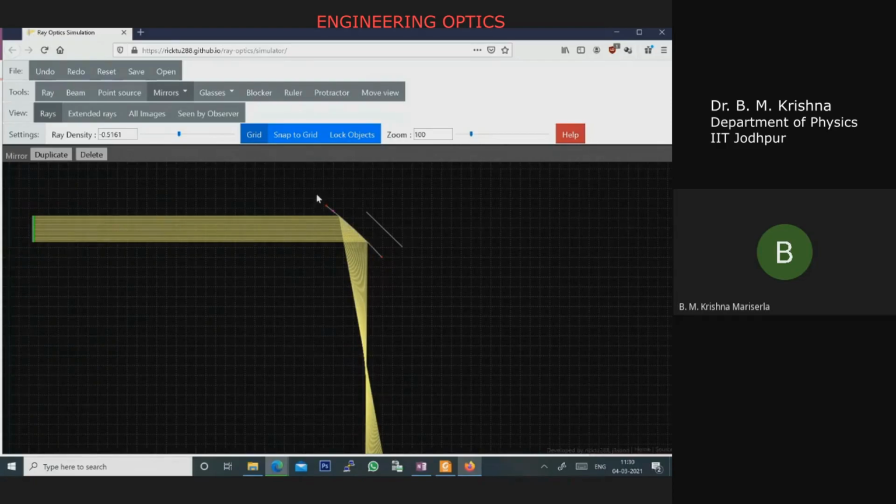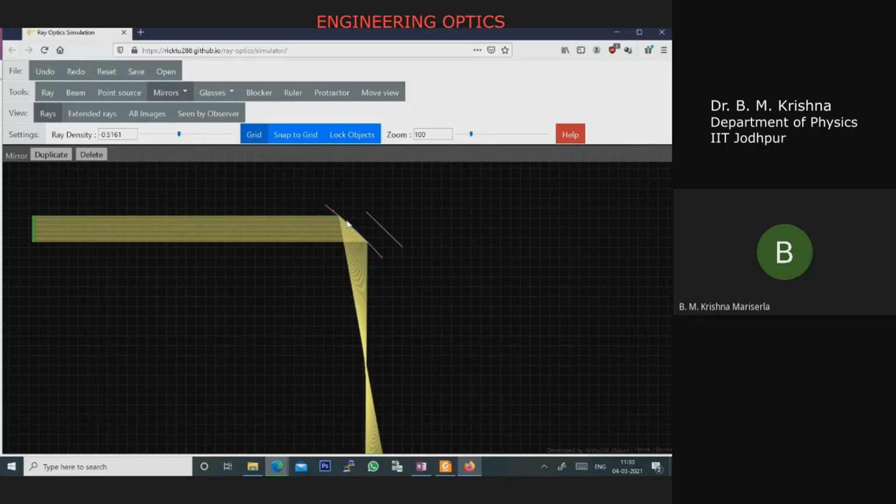So the radius of curvature will decide the focal position. The focus is nothing but concentrating all the rays at a given point, and at that point all these light rays are concentrated, which gives you a high intensity beam.